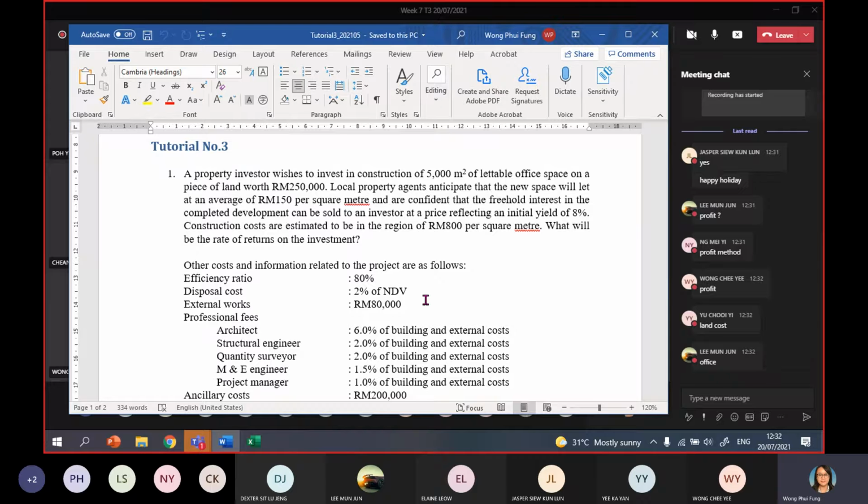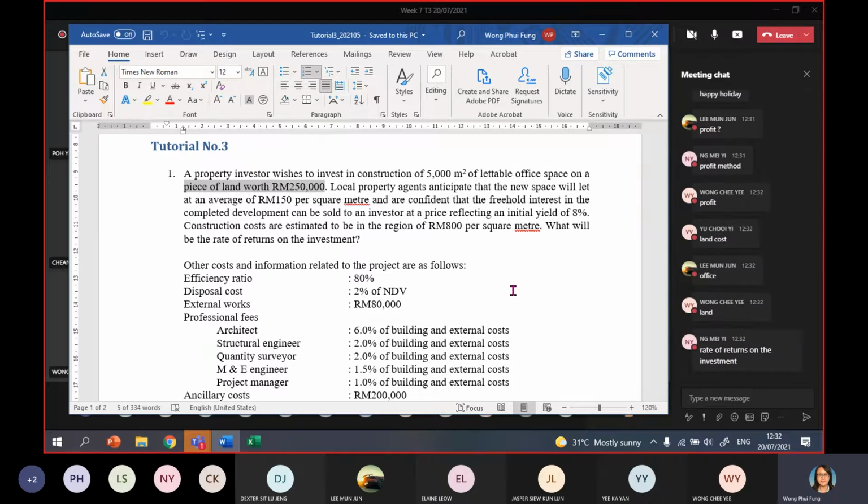Trey's message is a good point. It means the land cost is given, isn't it? In the question, the piece of land is given, so definitely this one will not ask you for the residue method. The first hint is the rate of return. Very clear already. The profit method will definitely ask you for a rate of return.